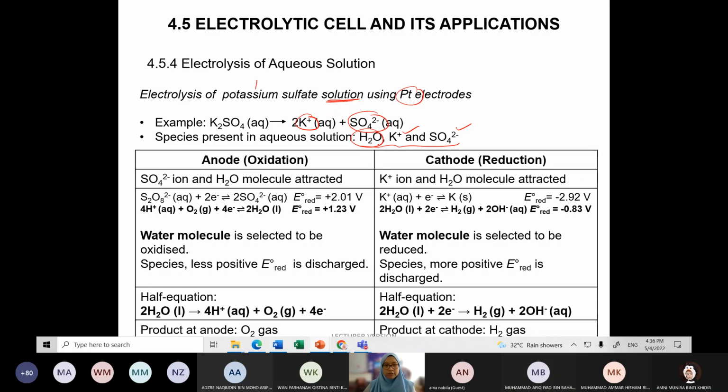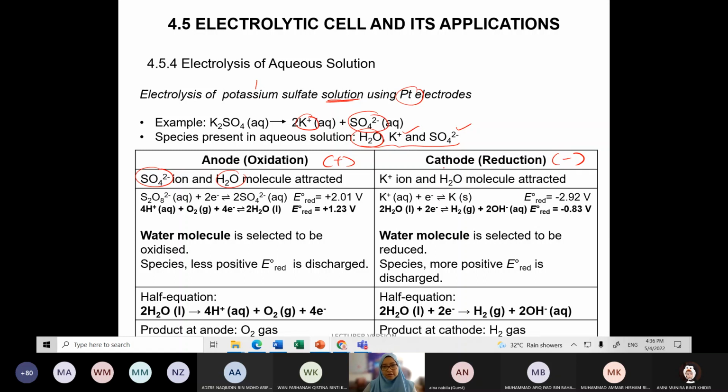Okay, untuk water, kita kena bahagikan, kita kena separate. So anode is positive electrode, cathode is negative electrode, kan? So the negative ion will be attracted to the positive electrode, which is the anode. SO4 2- and H2O. Don't forget the H2O.